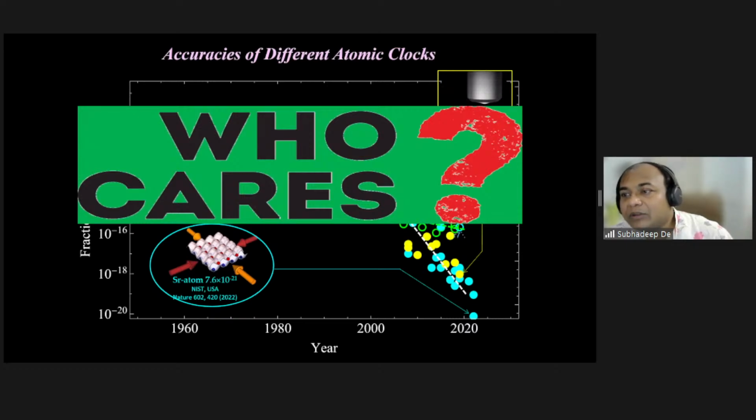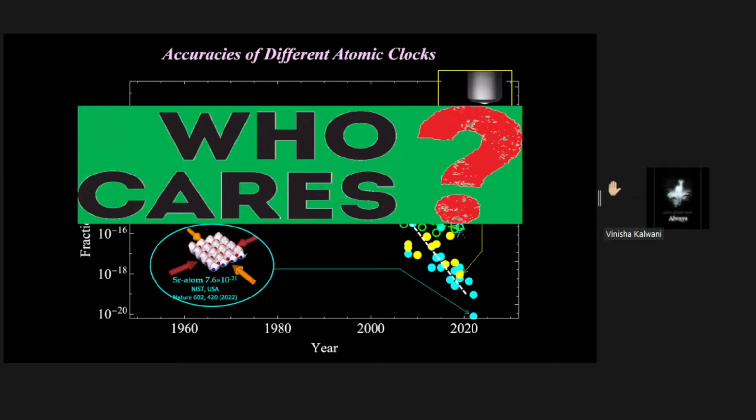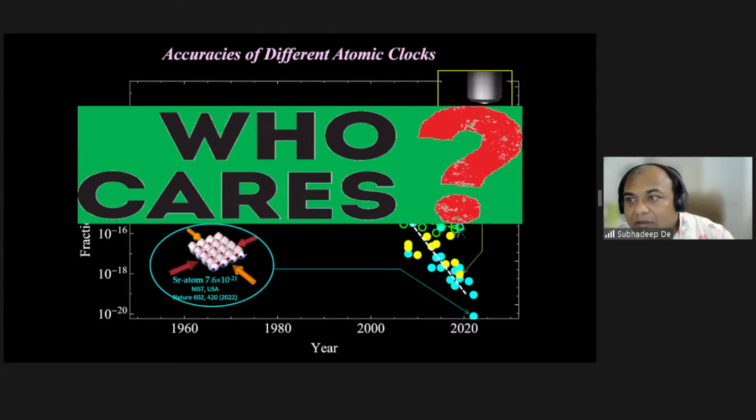That amplitude is so small that at the present accuracy level of clocks, we don't care about it. The magnetic field is so small that the Zeeman shift will be very small, which doesn't affect at the 10 to the power minus 21 level. It probably will matter when we can build much more accurate clocks. Okay, sir, thank you.